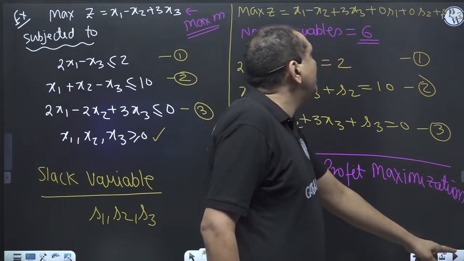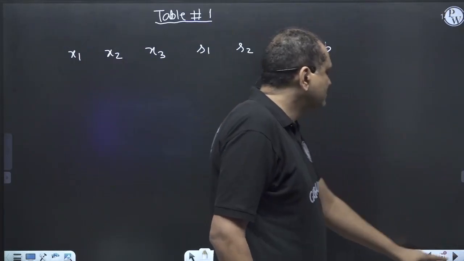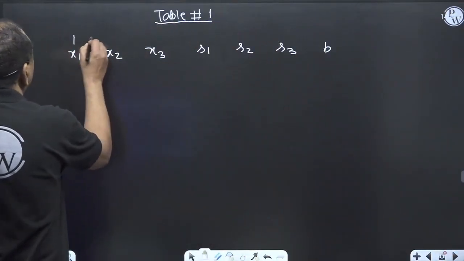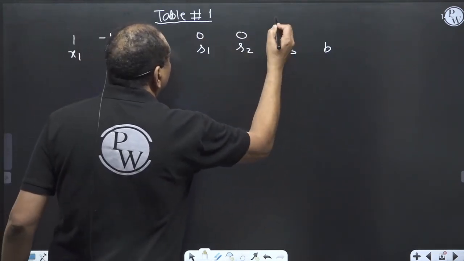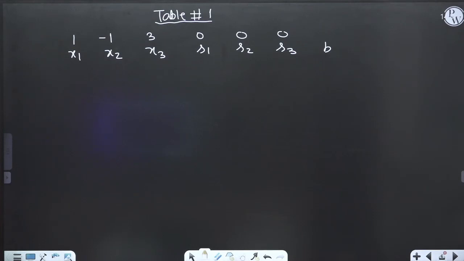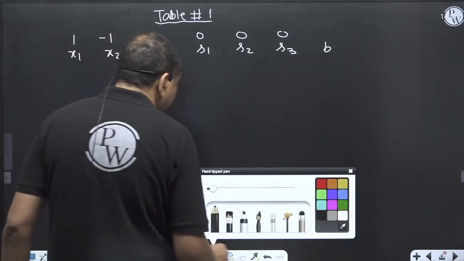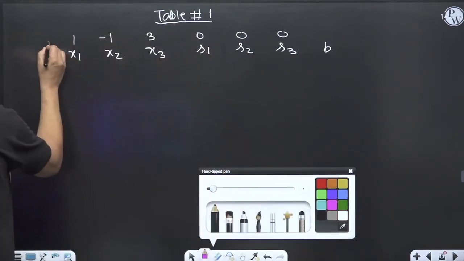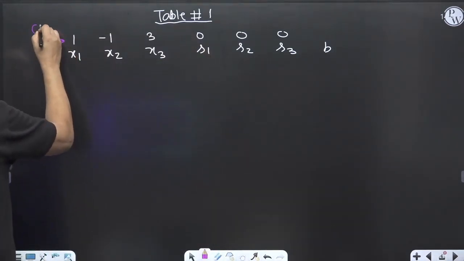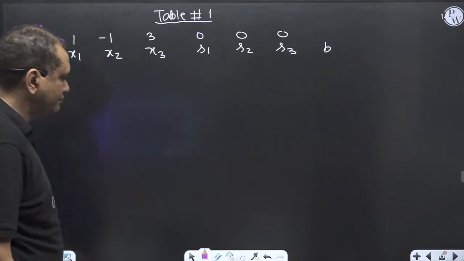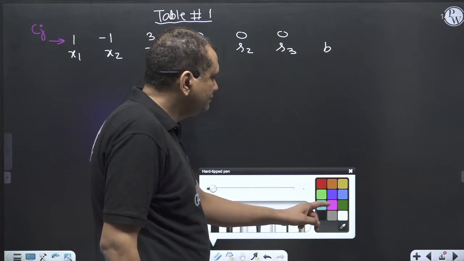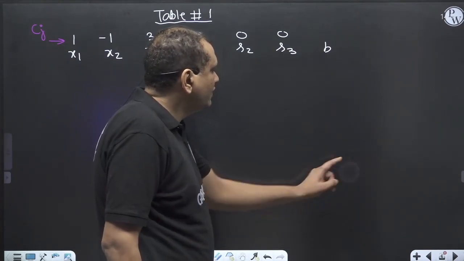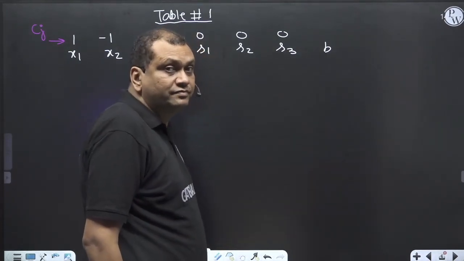So their coefficients, 1, -1, 3, 0, 0, 0, are written right at the top, and this row is called the Cj row. Okay.